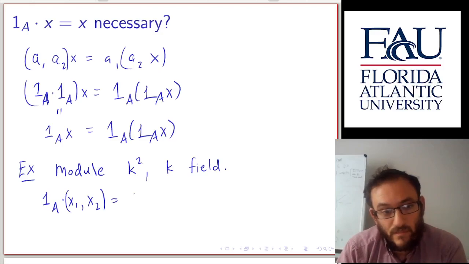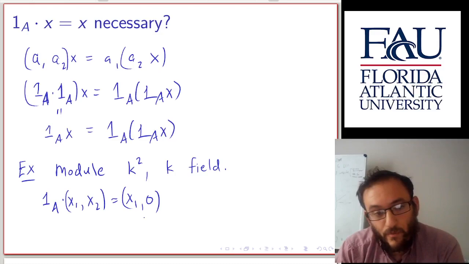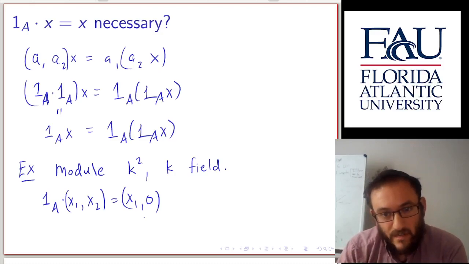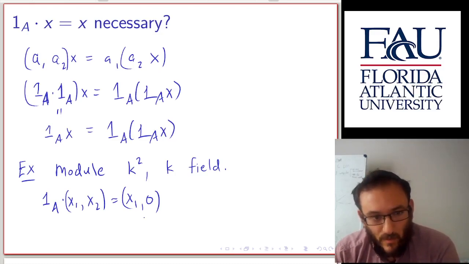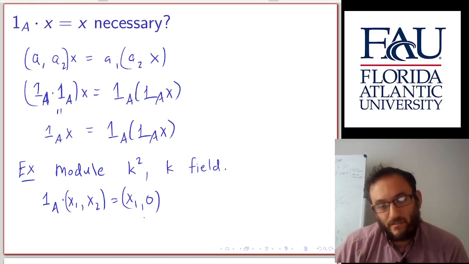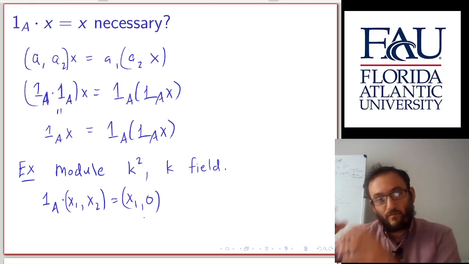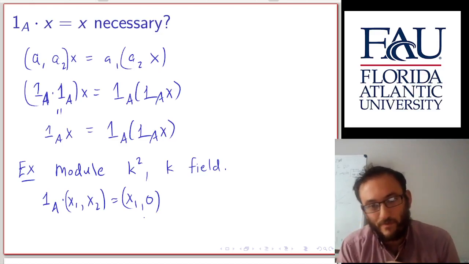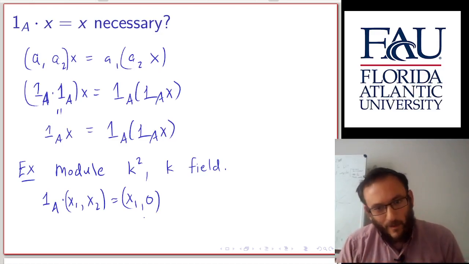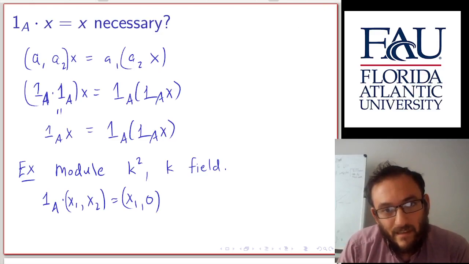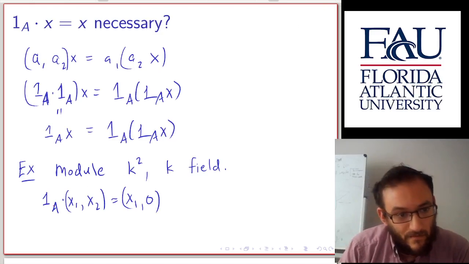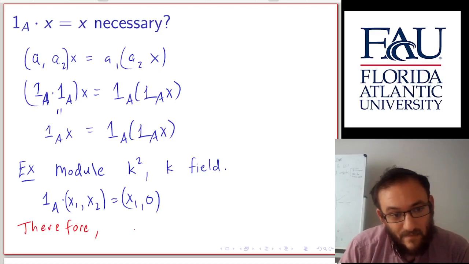So this could be x1, 0. So because of weirdness like this, you don't want this to be the case. You don't want the identity acting on a module element to send you from a more complicated module to a submodule. That's not going to work for us. So for that reason, the last axiom is necessary.